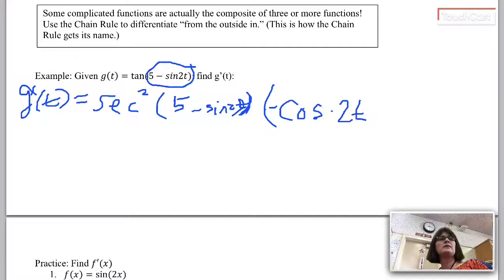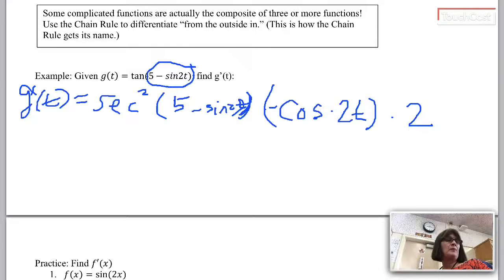Now, that 2t, that was the inside to this function, I'm going to have to multiply by the derivative of that inside. What was the derivative of 2t? Times 2.